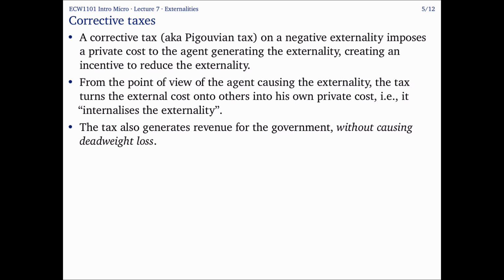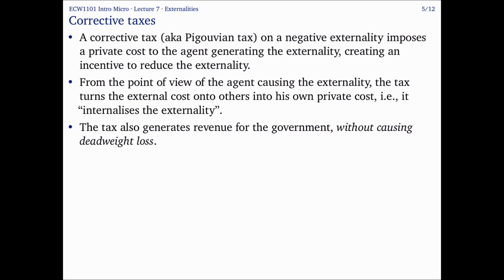So it's not out there to enrich themselves or anything like that. That may or may not happen in the real world. Under the assumption that the government is there to do good, to increase the well-being of society, then that revenue generated from the corrective tax is also a good thing. So there are two positives to a corrective tax.